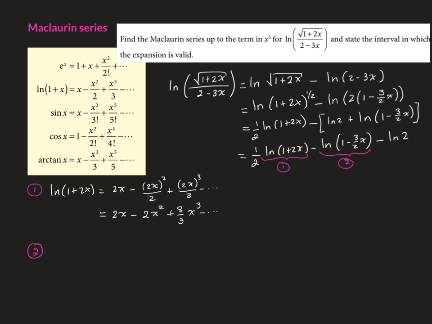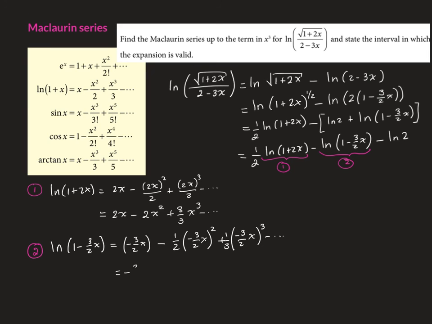Now function number 2, this is a composition of ln of 1 plus x and minus 3 halves of x. So the expansion of ln of 1 minus 3 halves x is going to be minus 3 halves x minus 1/2 times (minus 3 halves x) squared plus 1/3 times (minus 3 halves x) power 3 and so on.